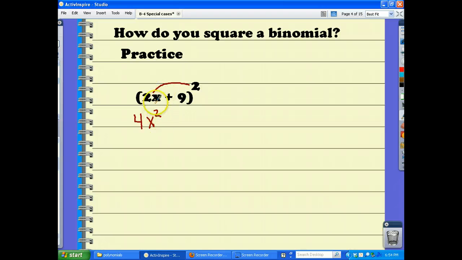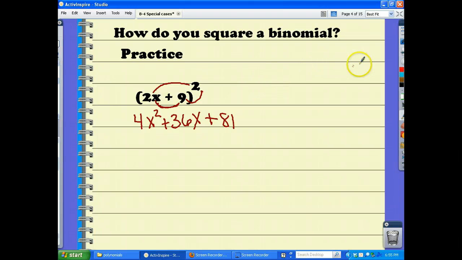My middle term, multiply these two together, which is 18, and 18 times 2 is going to be 36. So I'll say plus 36x, don't forget your variable, and then finally, to get my b term, 9 squared, plus 81.